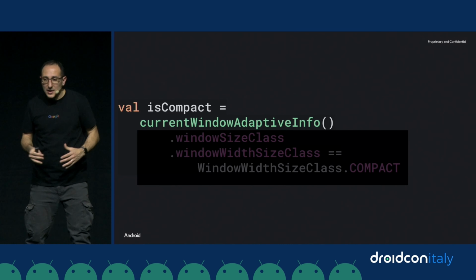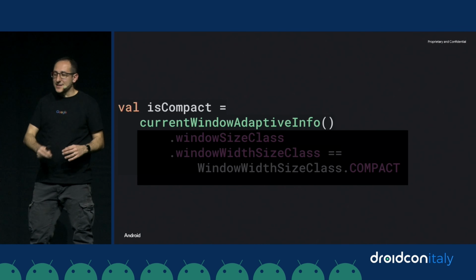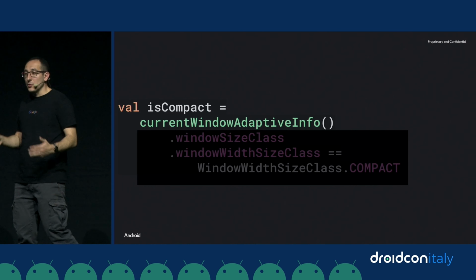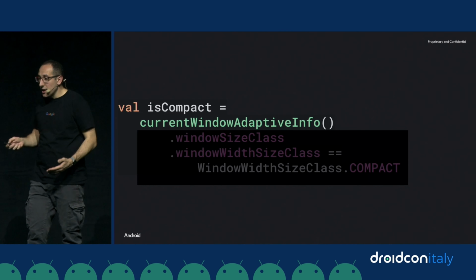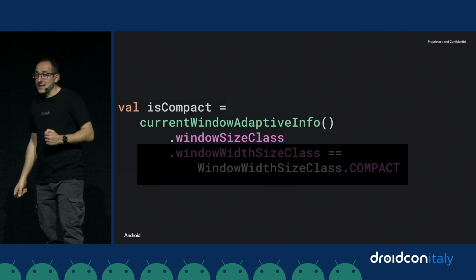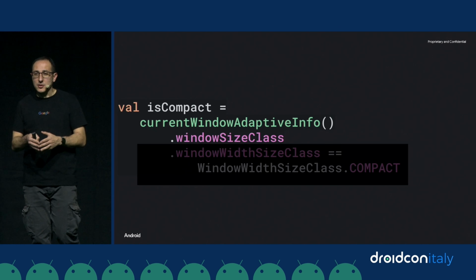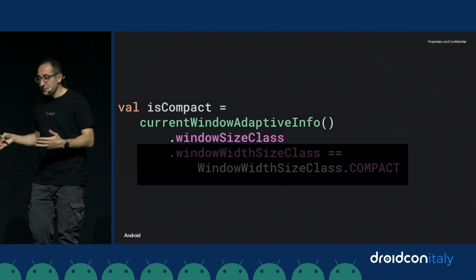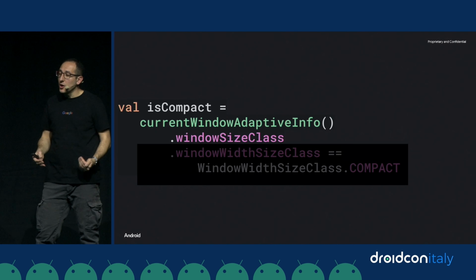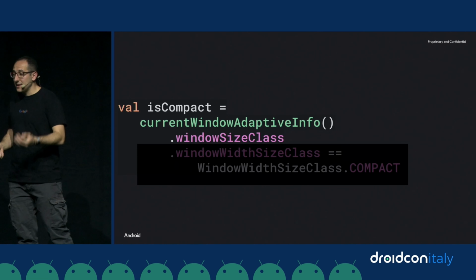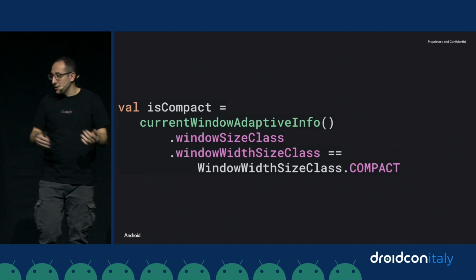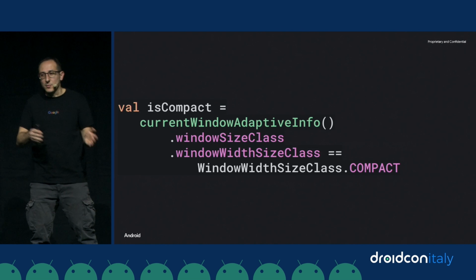This function, from a library that we're going to see in a second, will return all the data related to the current window, in our case also the window size class. The window size class is composed of a pair of width and height. So, as we just mentioned, what we're going to check is if our width is equal to compact or smaller than medium.